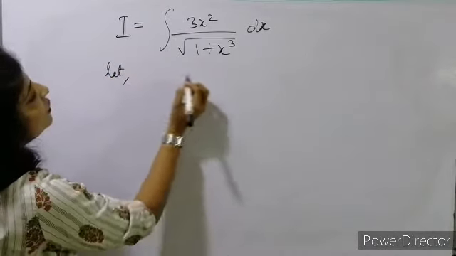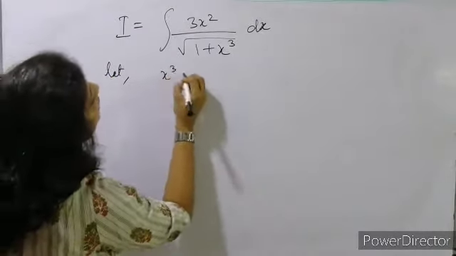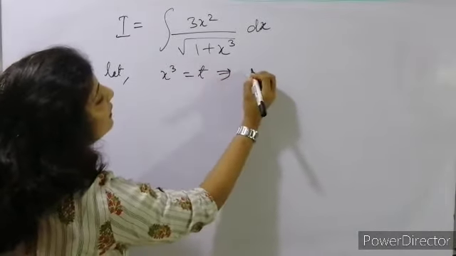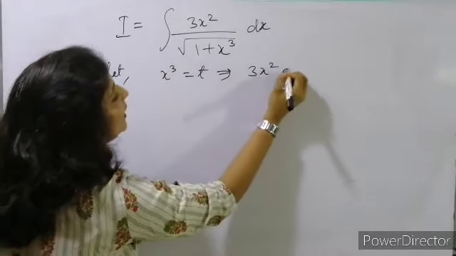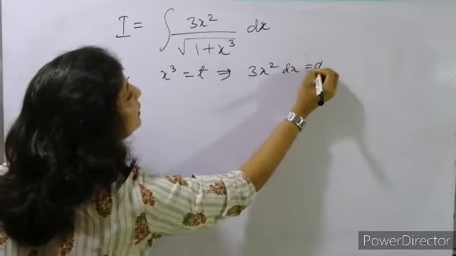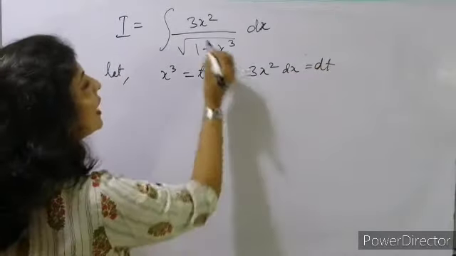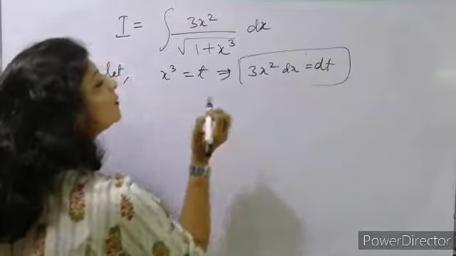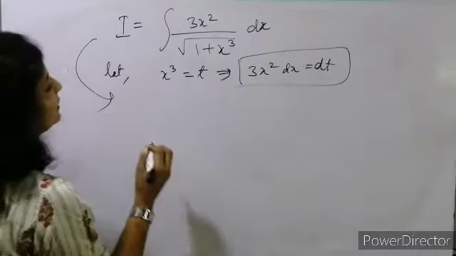So let x cube be equal to t. So what will be the value? 3x square dx will be equal to dt. Okay. So as 3x square is there, we can take this.